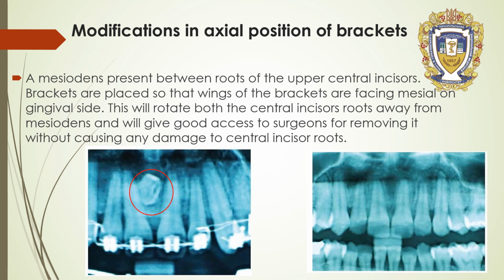Another situation: a mesiodens present between roots of the upper central incisors. Brackets are placed so that wings of the brackets are facing mesial or gingival side. This will rotate both central incisor roots away from the mesiodens and will give good access to surgeons for removing it without causing any damage to central incisor roots.